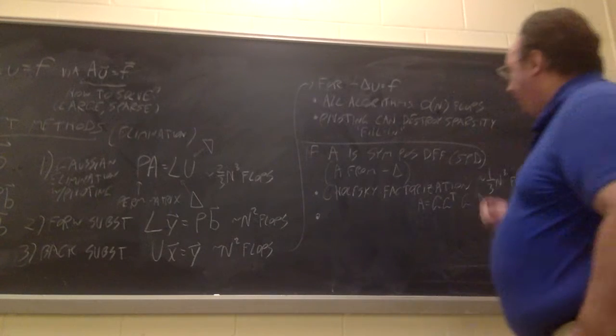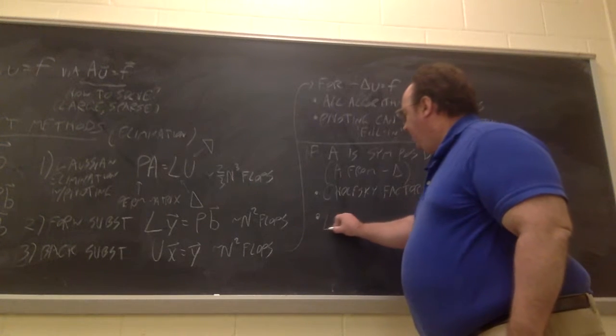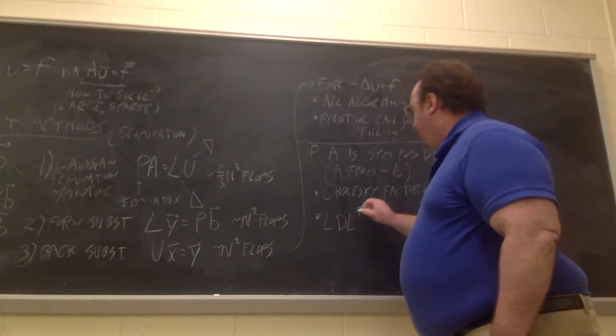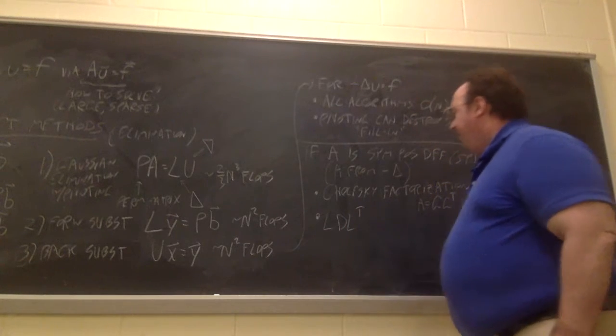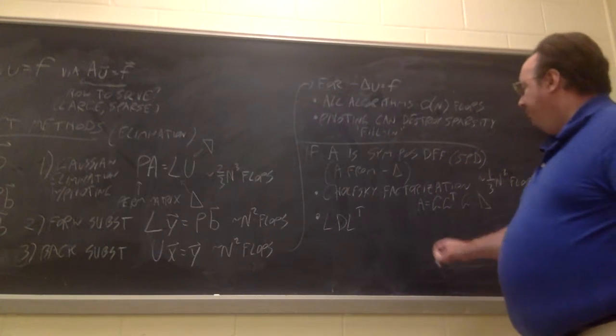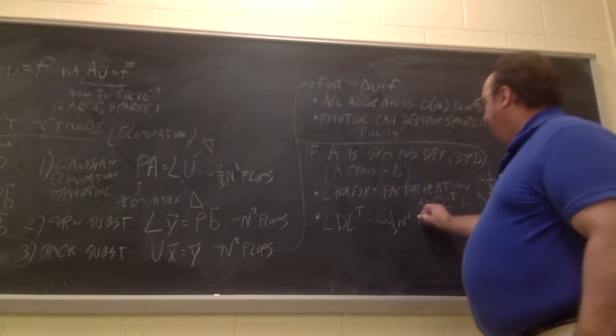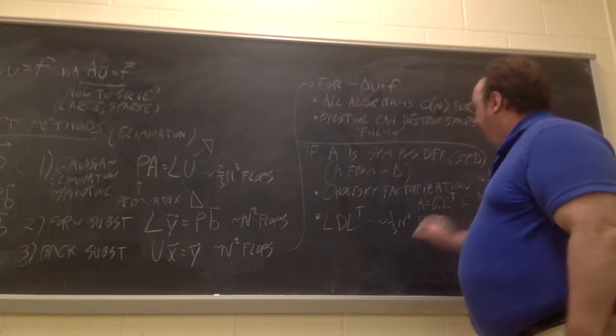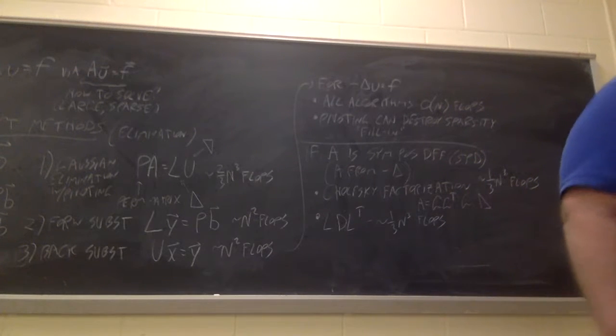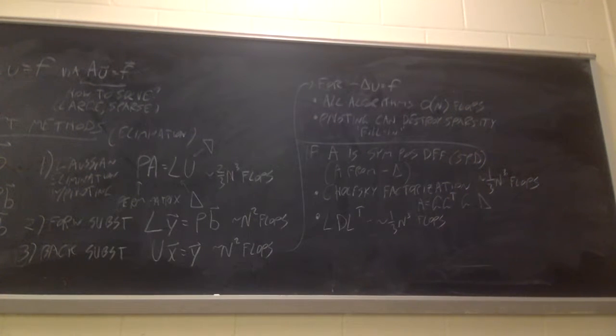There's one other that's very similar to Cholesky, the LDL transpose or LDLT factorization. It's also 1/3 n cubed. They call LDLT the square root free Cholesky because the Cholesky algorithm does involve computing some square roots, whereas LDLT doesn't.